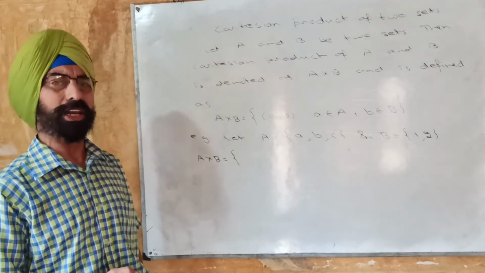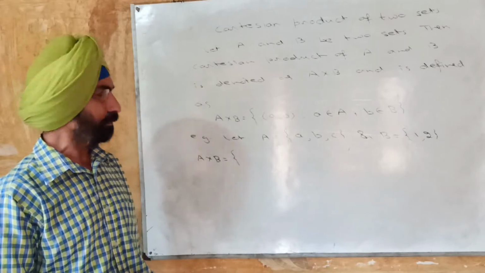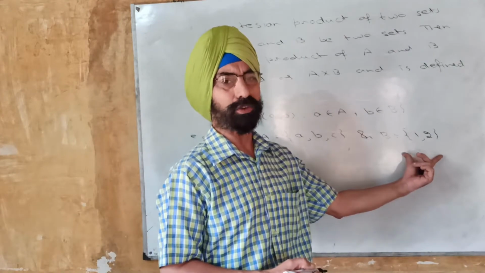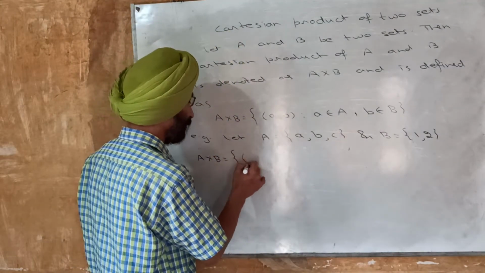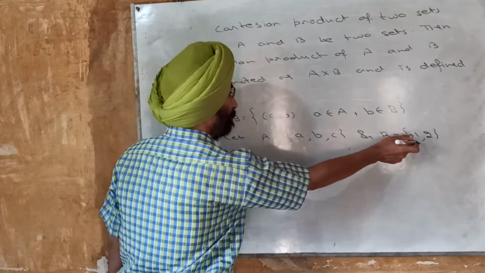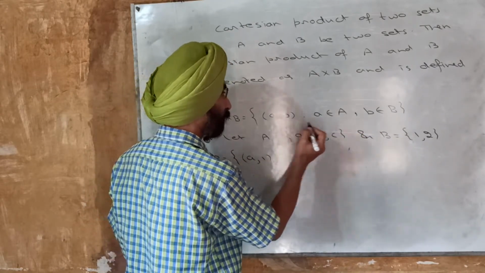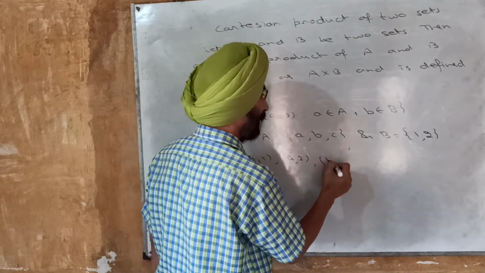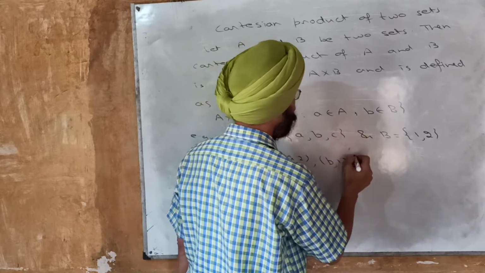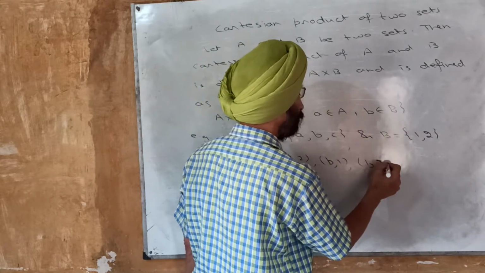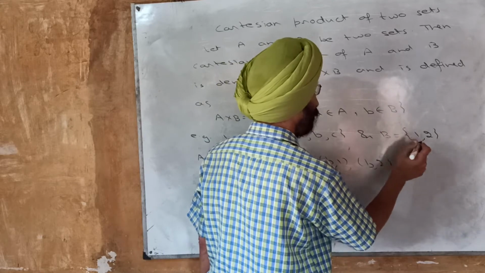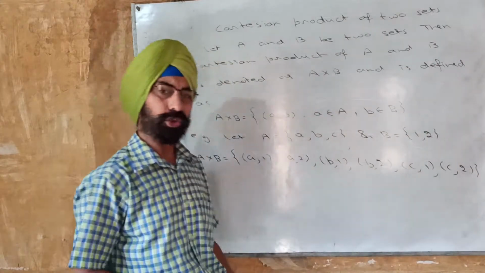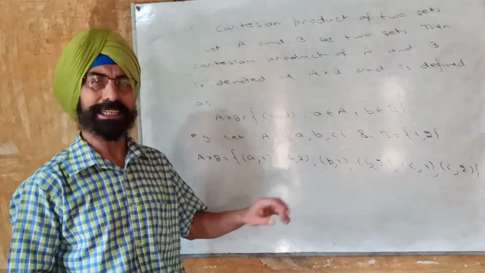These will be all the ordered pairs possible, whose first entry is coming from the set A and second entry is coming from the set B. That means it will consist of elements (a, 1), (a, 2), (b, 1), (b, 2), (c, 1), (c, 2). So these 6 will be the members of the set A cross B.